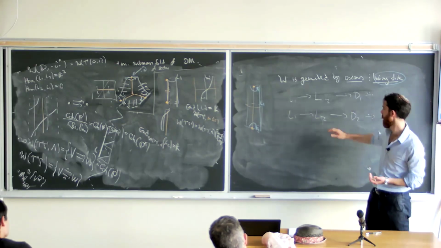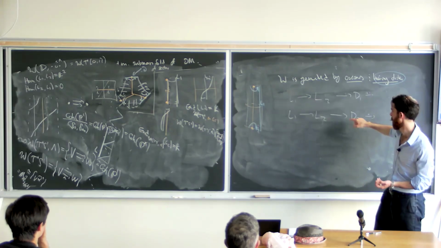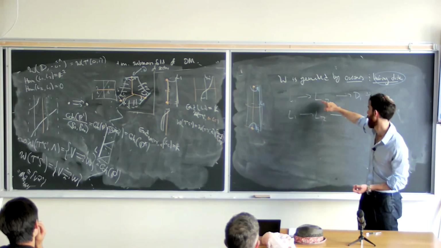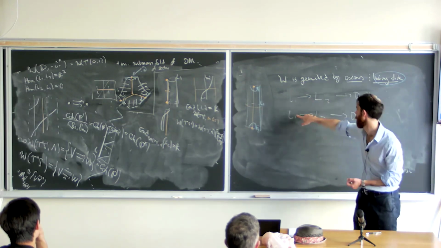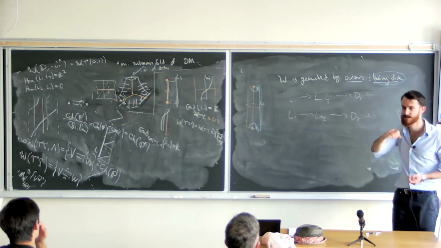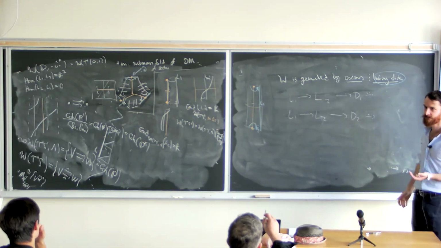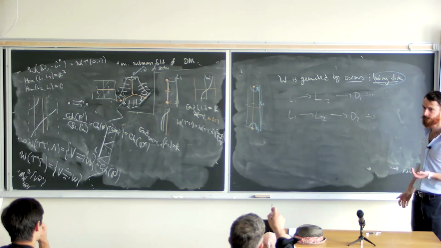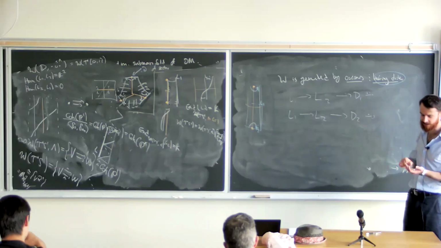So instead of generating by L1, D1, and D2, I generated by L1 and L2, because I know that L2 is in an exact triangle with L1 and both of these. So if I had L1 and L2, then I could get both of these linking disks. These are the two different maps. That's why I get two different things that fit into an exact triangle.